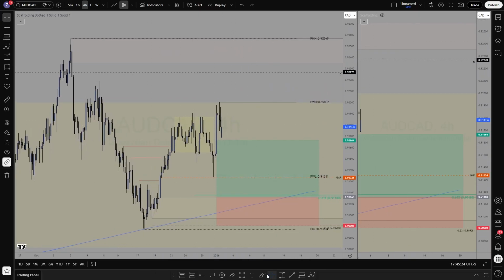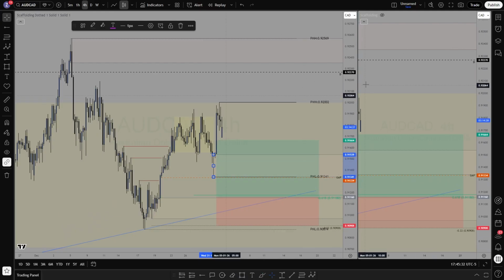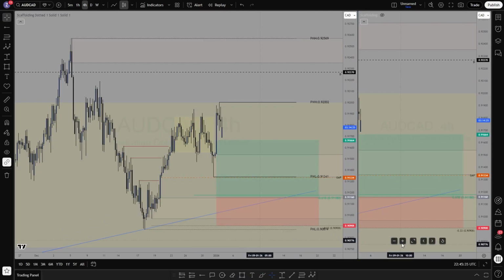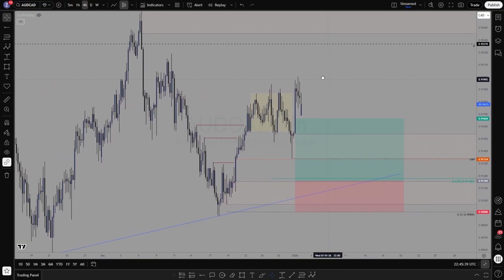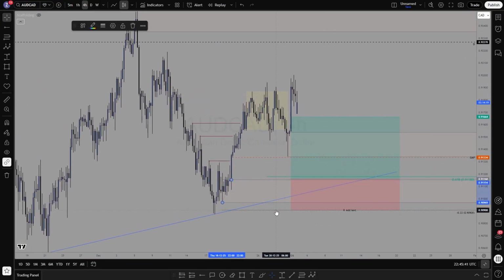If price decides to hold out into, actually I'm doing a bit too much here, let's clean up the charts. Let's get rid of this, and let's get rid of this as well.